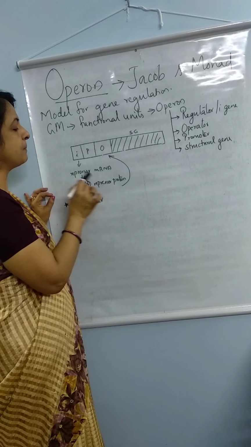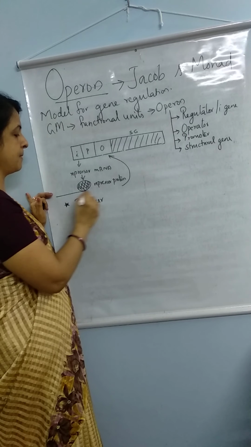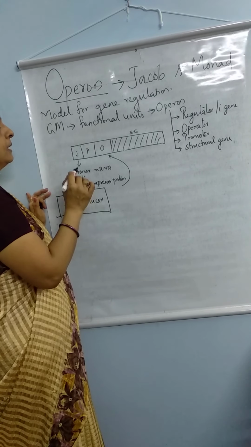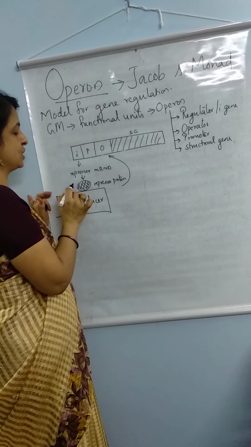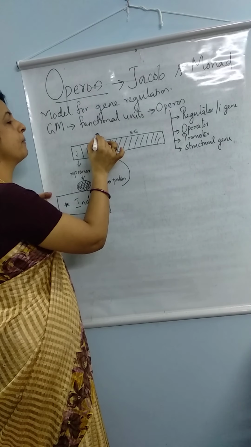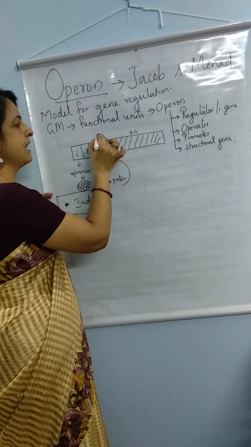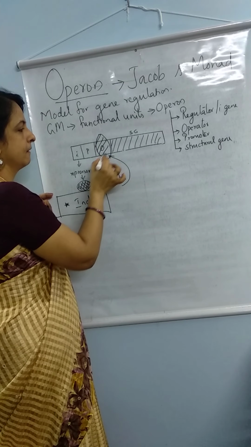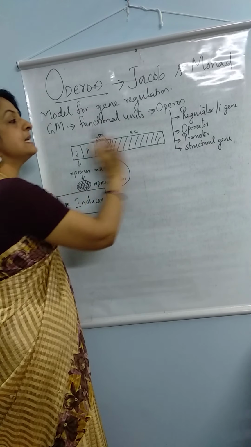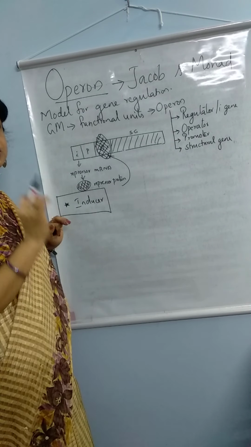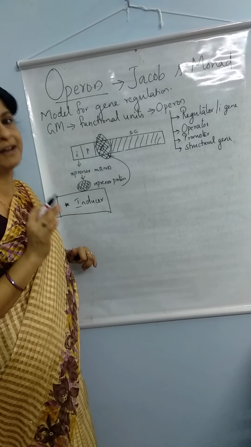Now the function of the repressor protein is to bind to the operator region. When the repressor binds to the operator, what will happen? This operon will remain switched off, meaning it will not function.